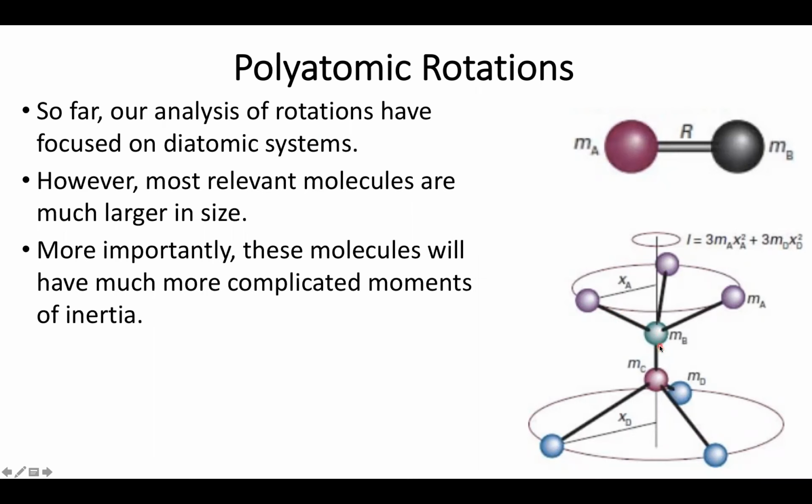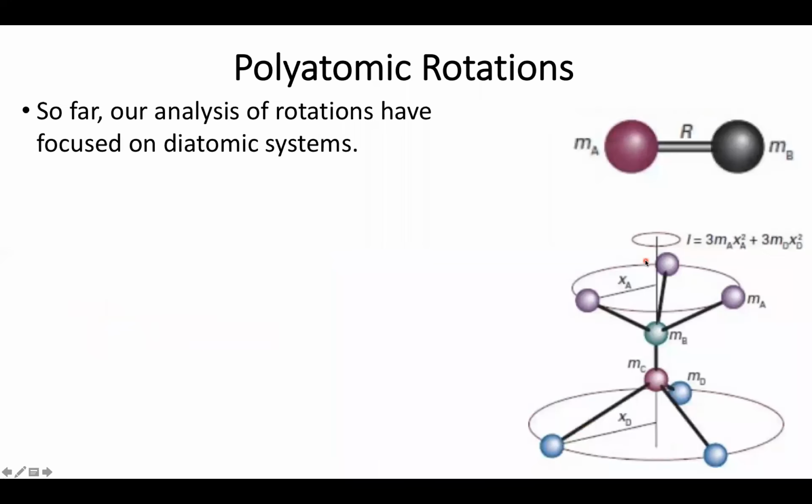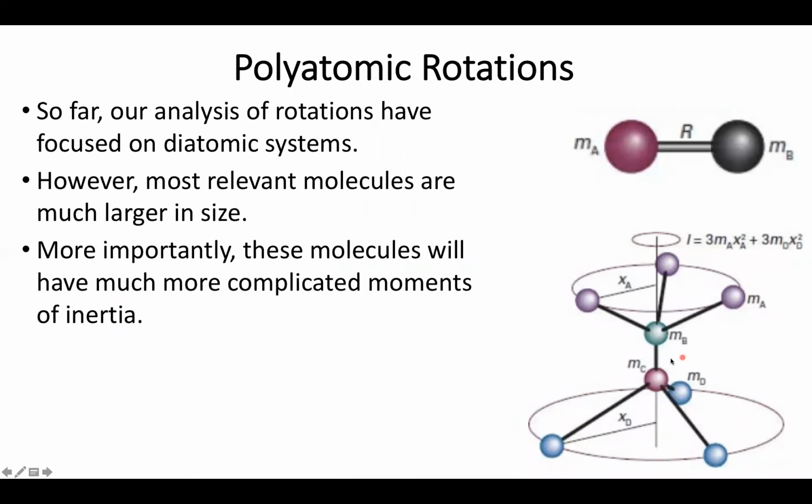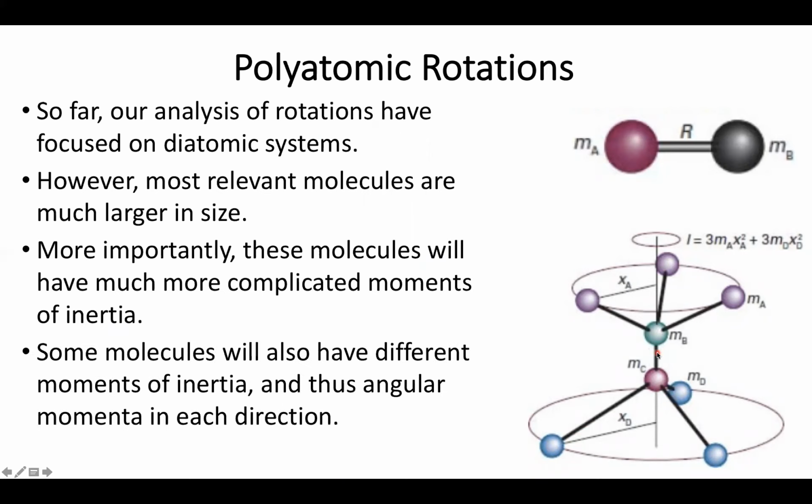Well, as you look at a real molecule, like this trichloroethane, what you're going to notice is that it's going to have a very different rotation about the z-axis than it does about the x-axis or the y-axis. Each one of those is going to have a very significant kind of rotation.